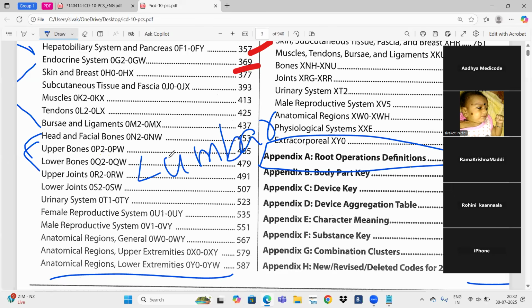Next, urinary system, female reproductive system, male reproductive system, anatomical regions general. All anatomical general regions, like abdominal region, cranial region, peritoneal region, thoracic region, get W. Next, upper extremities means hands, lower extremities means legs.